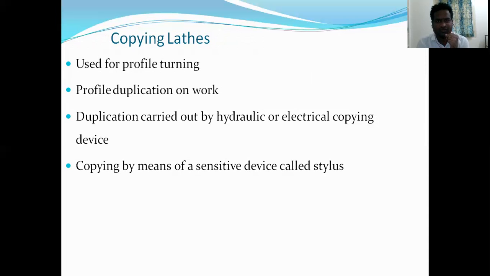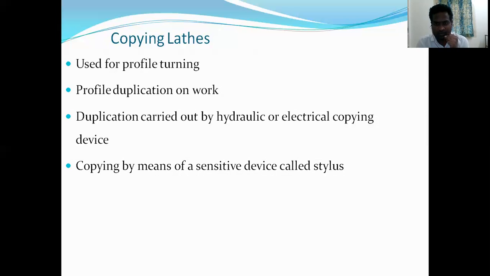Copying by means of a sensitive device called stylus. Now we are getting to that point. I have told you the attachment is traveled on the profile, and based on the movement of that attachment, the cutting tool is traveled on the workpiece.